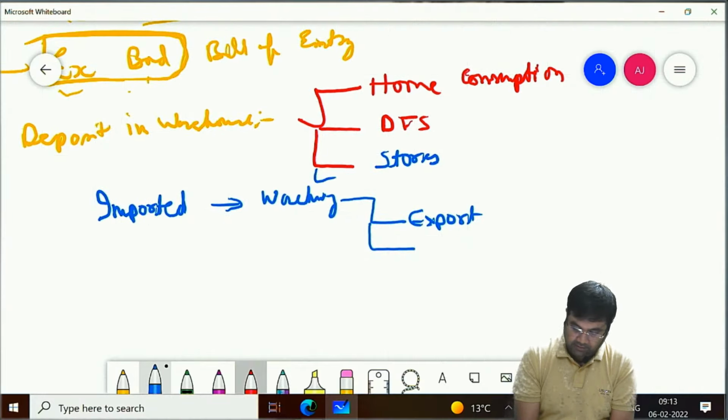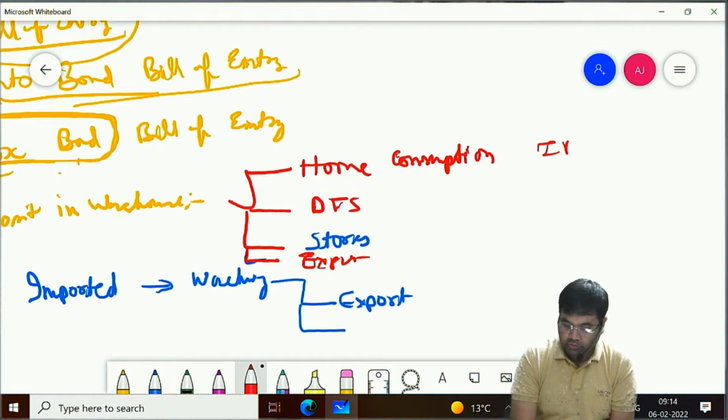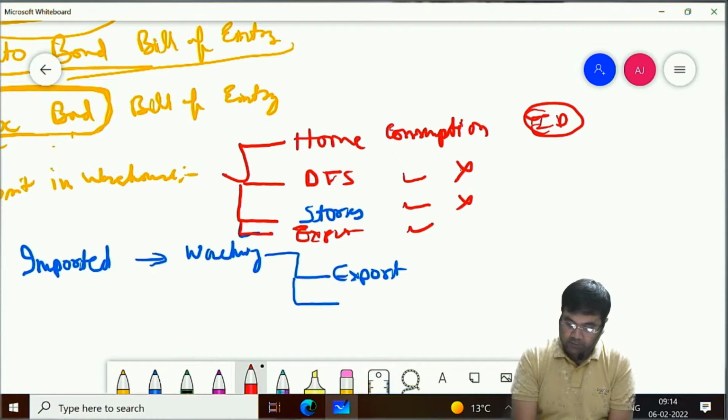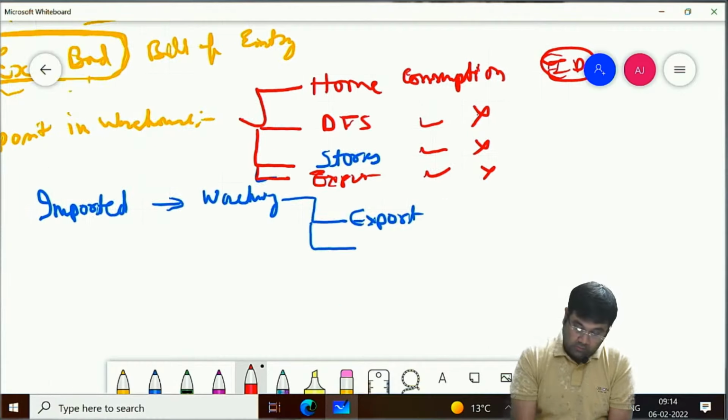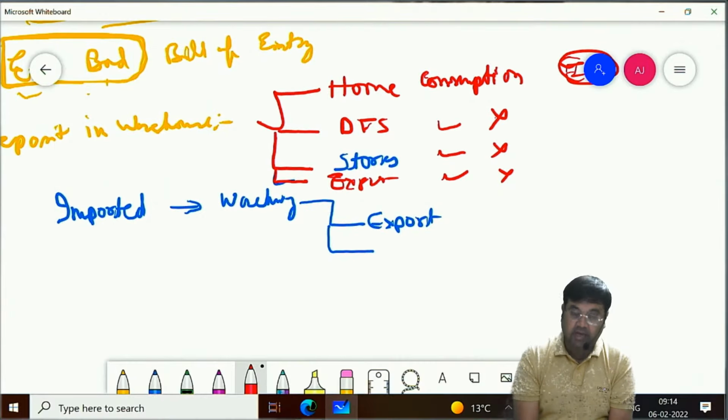So let me repeat it again. If goods go for home consumption, then import duty needs to be paid. In case goods are supplied to a duty free shop, no duties. Stores, no duties. Export, no duties. So imported goods in a warehouse can be exported, no duty.